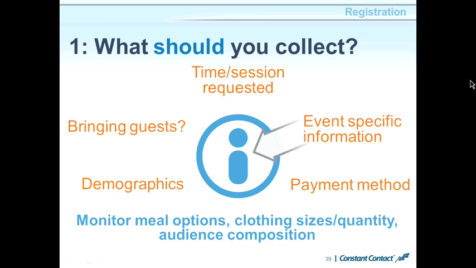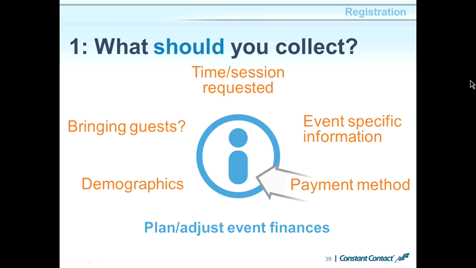And all of the event-specific information that you may want will clearly help you manage the details like meal options, clothing sizes and quantities, even help you better understand the makeup of your audience. And this is where a "how did you hear about our event" question can help see if you have a high number of returning customers, or VIPs, or new supporters coming to your event, because that may allow you to adjust your remarks.